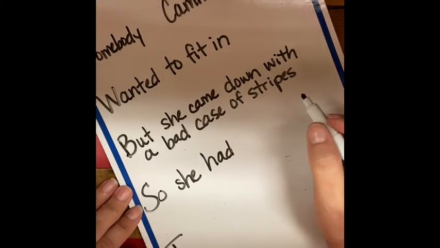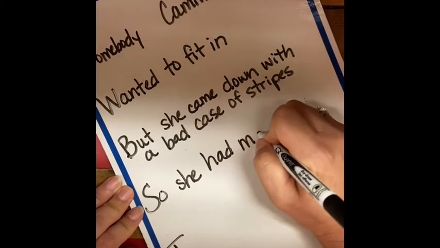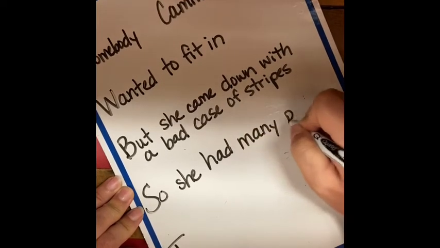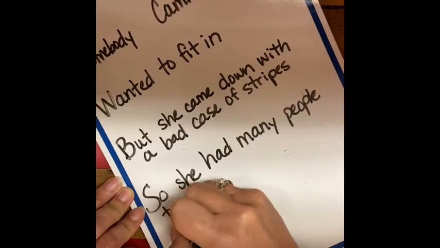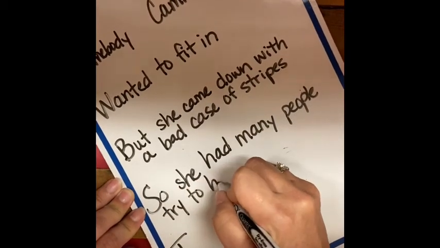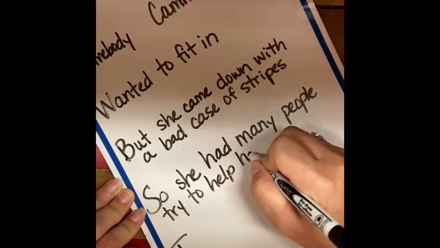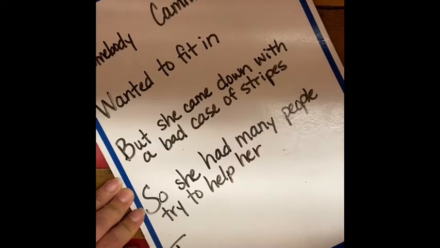We're talking about Camilla Cream. So she had many people try to help her. Remember all those different people who tried to help her? She had doctors and veterinarians and psychiatrists and psychologists and all kinds of people who were trying to help her, okay?